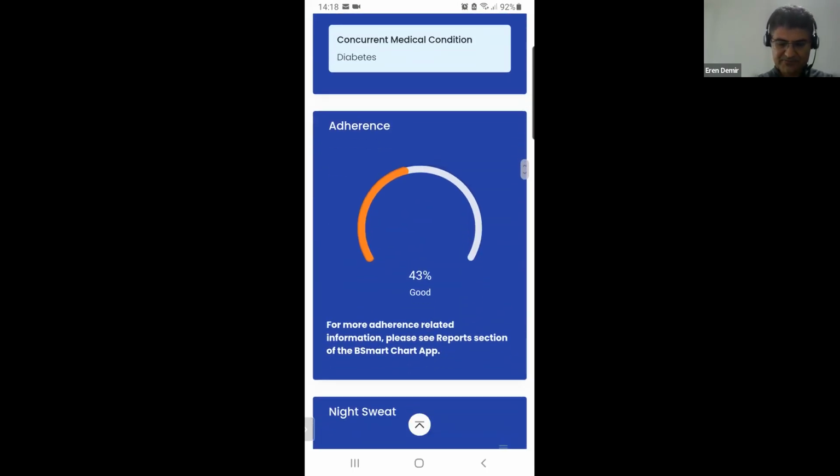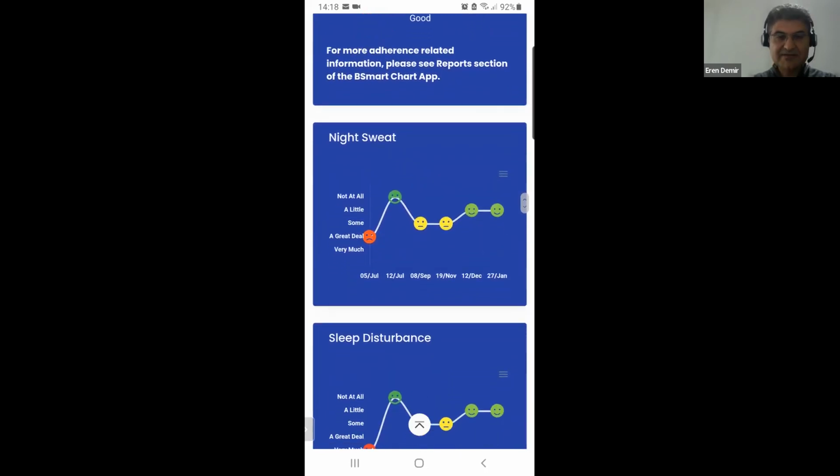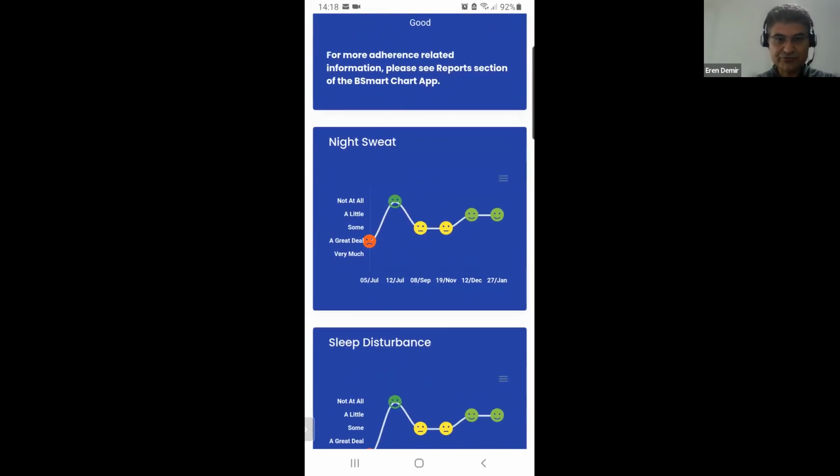Aha, here's the problem. Adherence is well below 92%. It needs an immediate intervention. Let's have a look at some of the other metrics. Can you see this is longitudinal? July is when I completed my survey for the first time, and all the others are subsequent survey completions, because we want to be able to keep track of these symptoms.